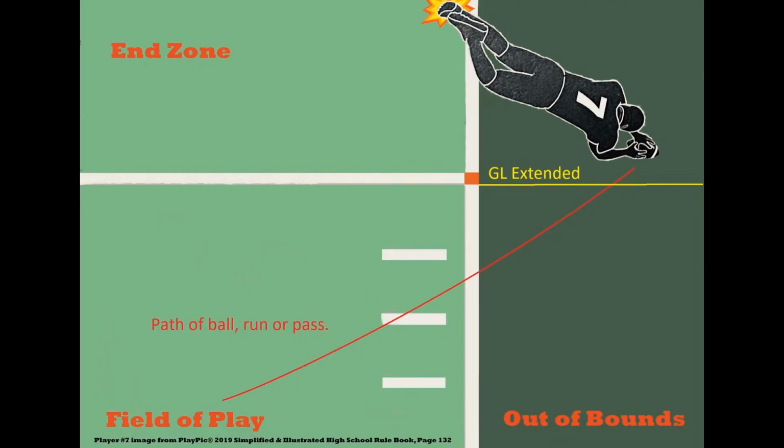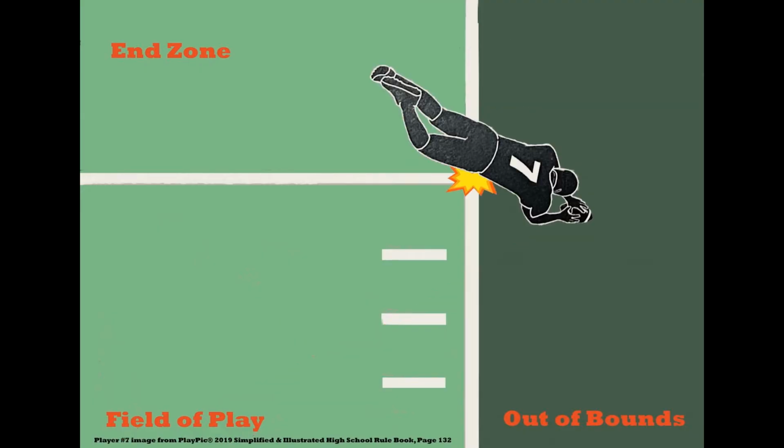So in this case, whether it is a run or a pass, in all three codes, if you've met the criteria for the process of a catch, meaning 1 foot in NFHS and NCAA, 2 feet or a body part in the NFL, then you get the goal line extended, and in this example, touchdown in all three.